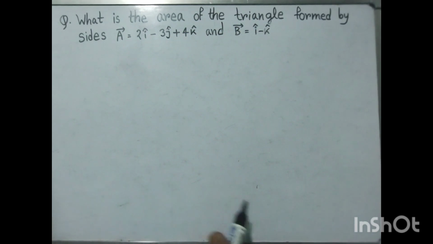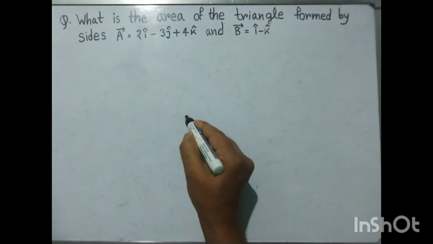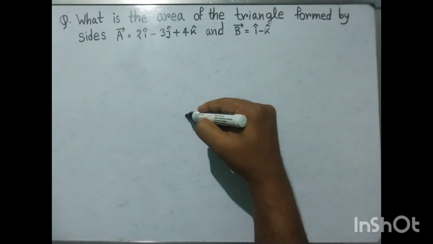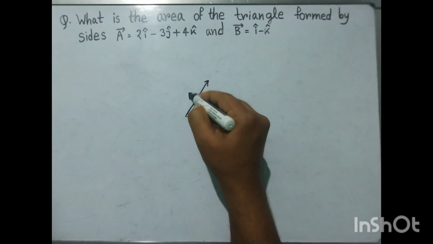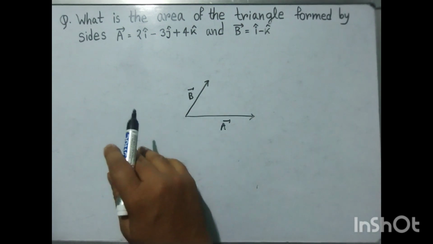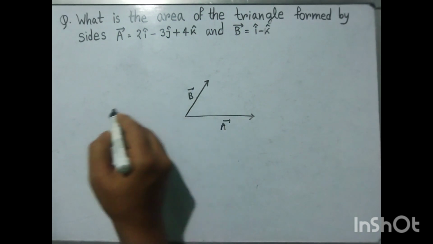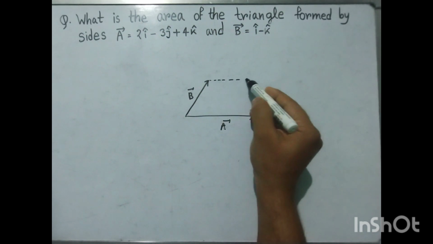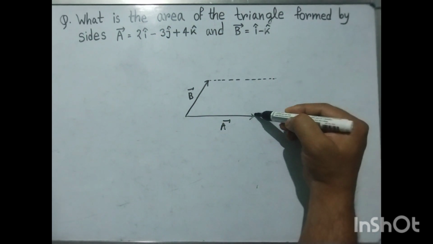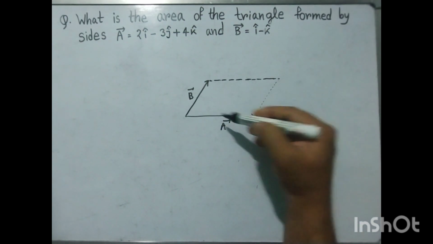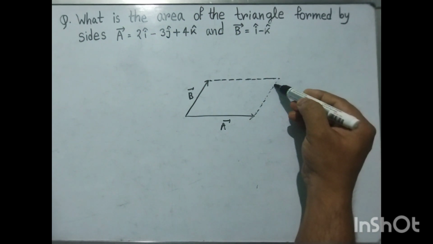Okay, this question is asking what is the area of the triangle formed by sides a vector and b vector. Let's say this is a vector and this is b vector. So remember, if you are asked to find the area of a parallelogram formed by a vector and b vector, suppose this is a parallelogram, this is parallel to a vector and this is parallel to b vector.